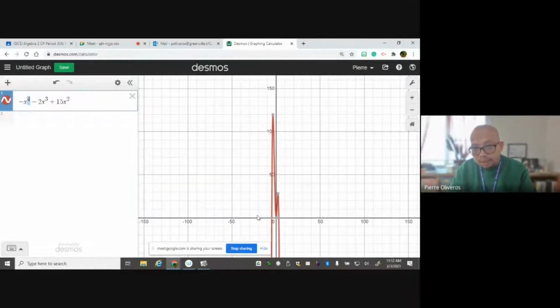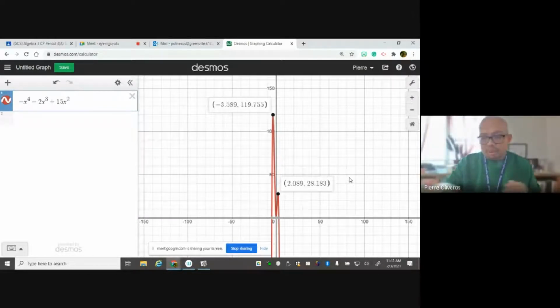There are 2 relative maxes. It's -3.6, and we can round to the nearest tenth, comma 119.8, and the other one is 2.1, comma 28.2. So I'm going to write that down under my relative max.